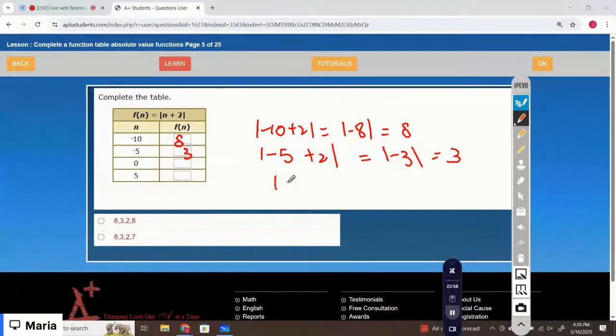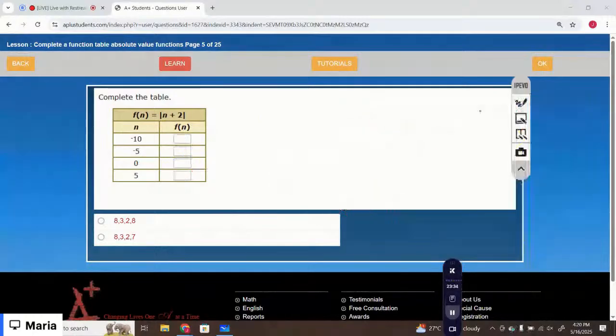Then 0 plus 2 is 2, then 5 plus 2 is 7. So option number 2 is the correct option, that is 8, 3, 2, and 7. Option number 2 is the correct option.